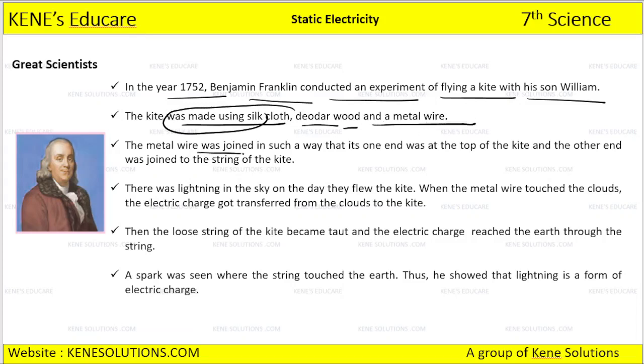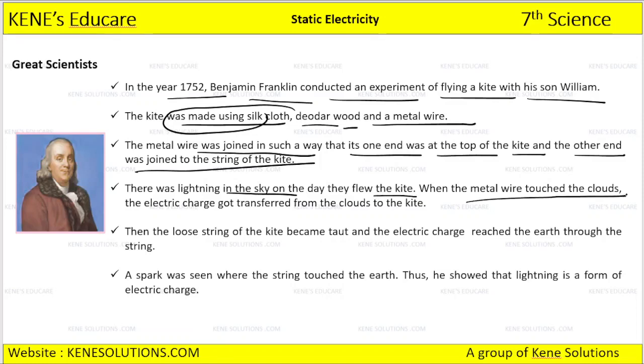The metal wire was joined in such a way that one end was at the top of the kite and the other end was joined to the string of the kite. There was lightning in the sky the day he flew the kite.